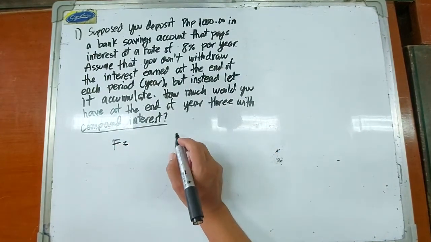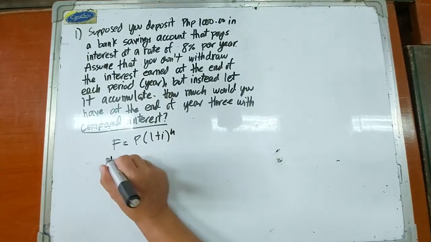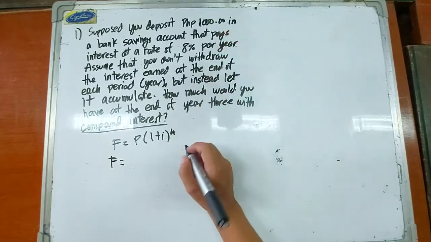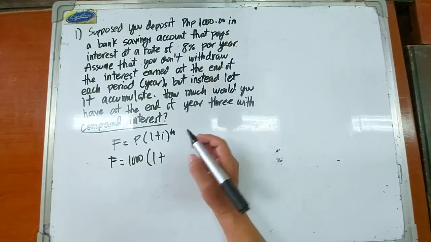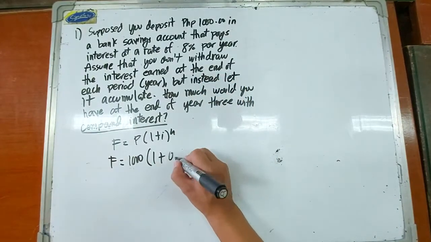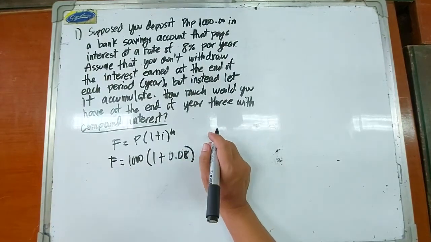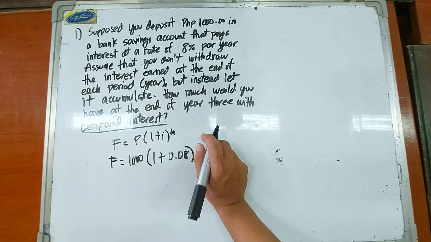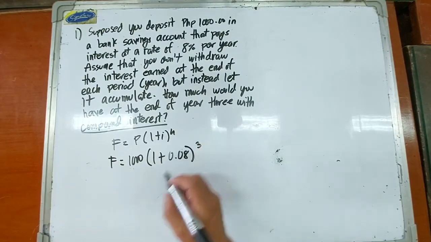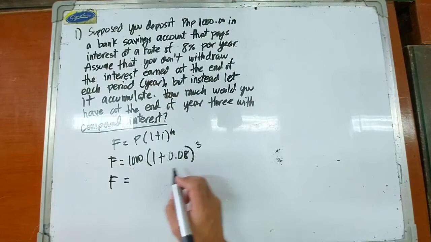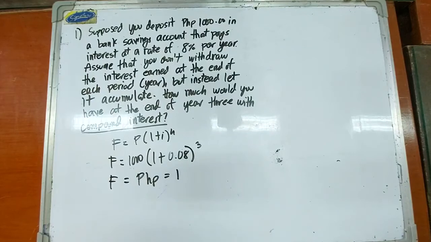So the future worth is equal to F is equal to our principal is 1,000, 1 plus we have an interest in decimal form, 0.08, raised to n. N is 3.